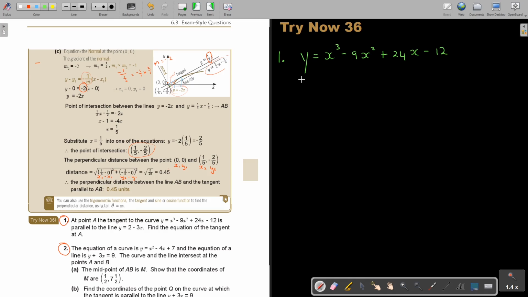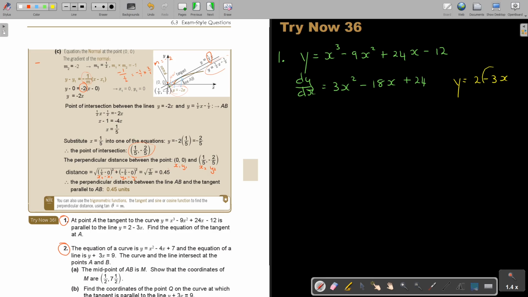Okay, and if I differentiate dy by dx, that's going to be 3x squared minus 18x plus 24. Now, what was my straight line? My straight line is y equals 2 minus 3x.